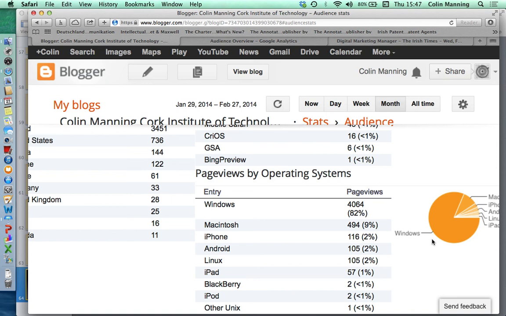Now, Apple, on the other hand, if we were to get Apple's stats, I suspect that an awful lot of people going to the Apple website have iPads and iPhones and Macs. So knowing the profile of your users and getting the stats can give you very important information about some of the decisions you might make.